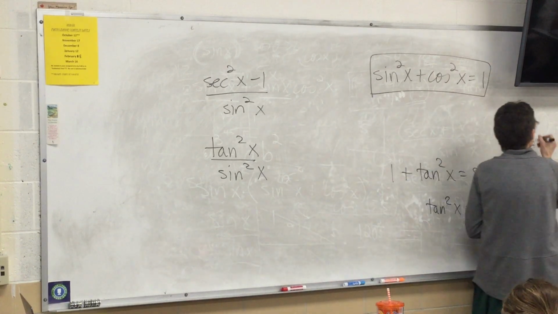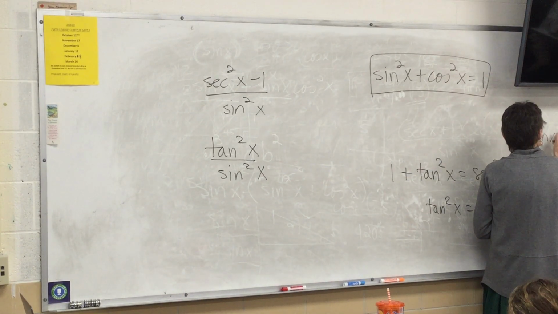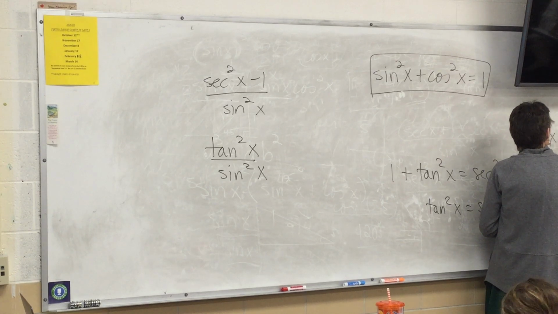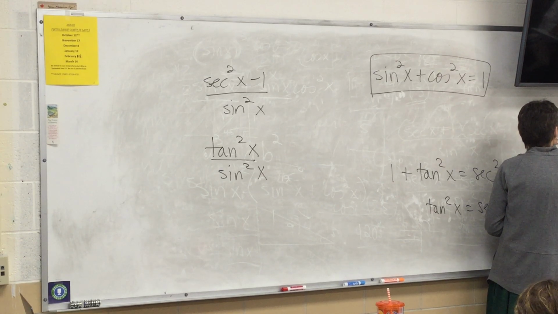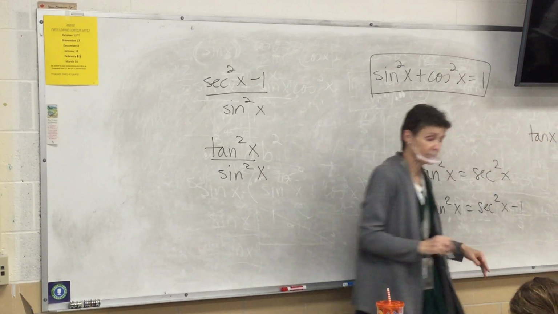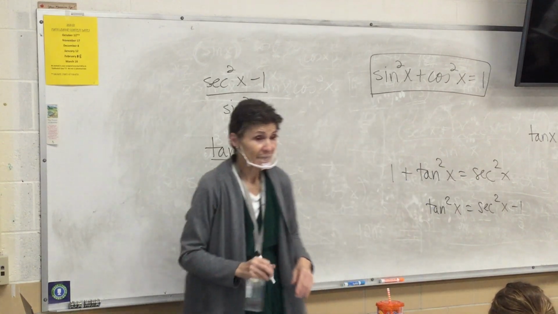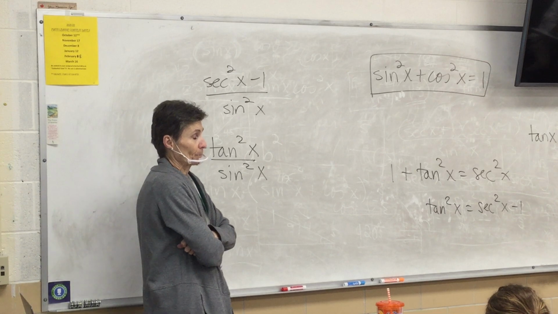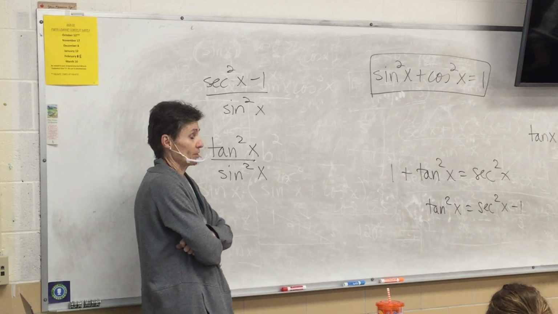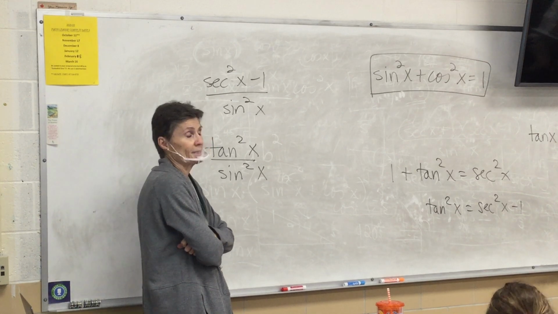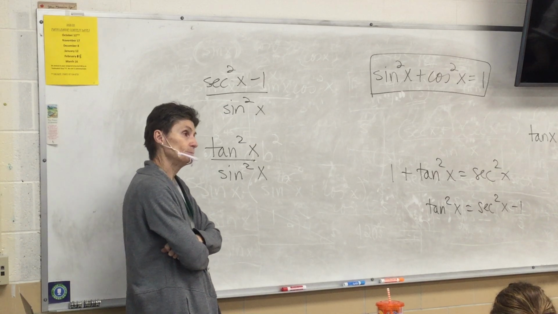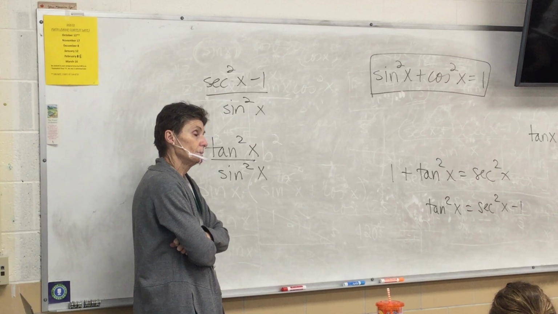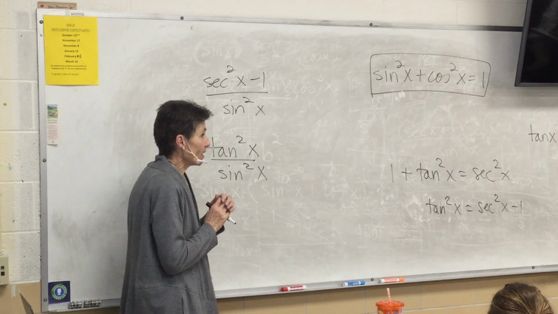And the next thing I want you to write on your paper is that tangent equals sine over cosine. Bet you didn't know that until today. But tangent is sine over cosine. If you divide the sine by the cosine, you will get the tangent every time. Okay, you have that written down?